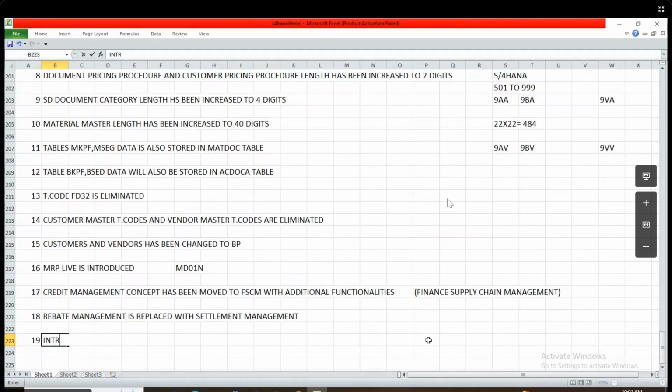It is not mandatory that every client should have this. Some clients will have the rebate concept, rebate process. There we use settlement management. So like credit management, it is not mandatory that every client should have this. If the client has that requirement, then we configure settlement management.